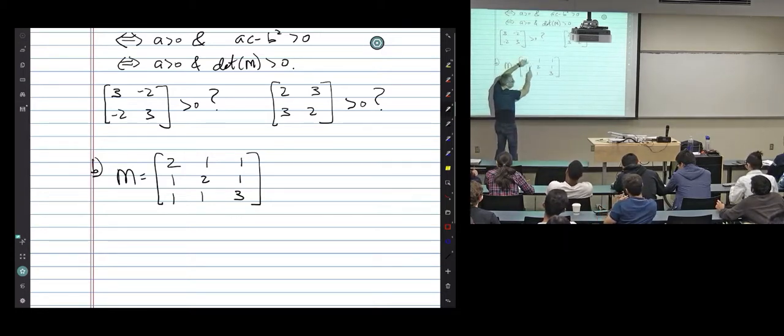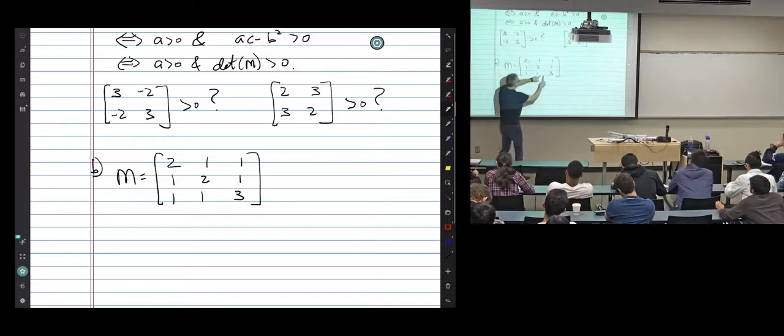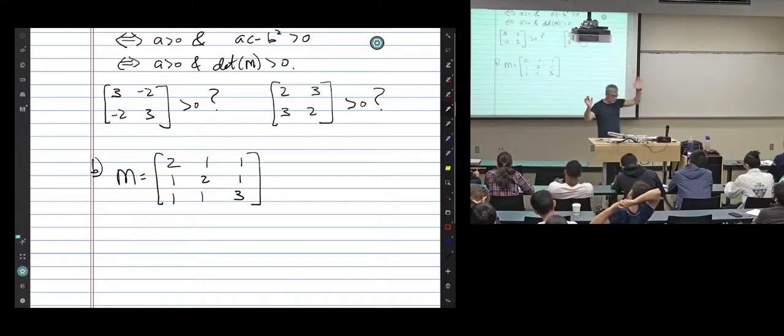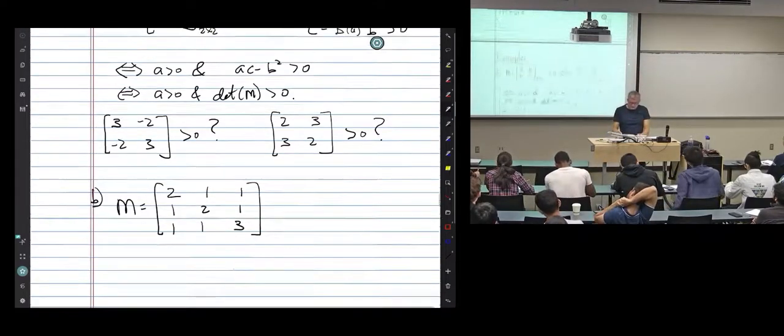You might make this A, and then this is B and B transpose, and this is C. Or you could make this C, this becomes A, this becomes B, and then this becomes B transpose. It's your call, right? Schur is completely agnostic.